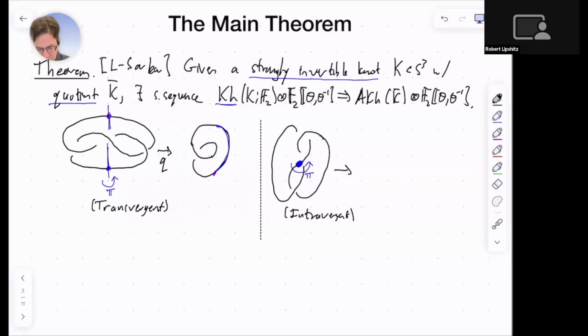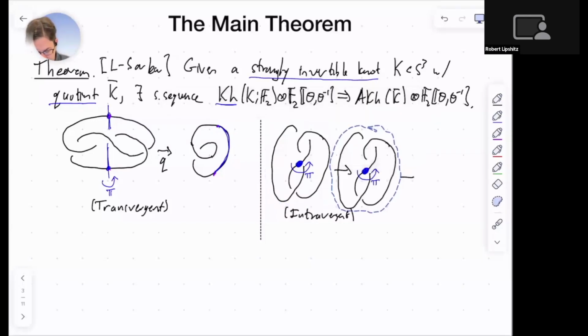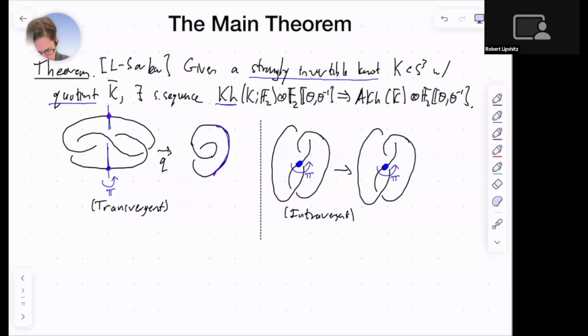And here you can see the quotient again, maybe more easily. You take the knot, and now there's one crossing on the axis. If I resolve that on-axis crossing, there are two ways I could do that. I could resolve it like this, or like that, and the axis is still there.